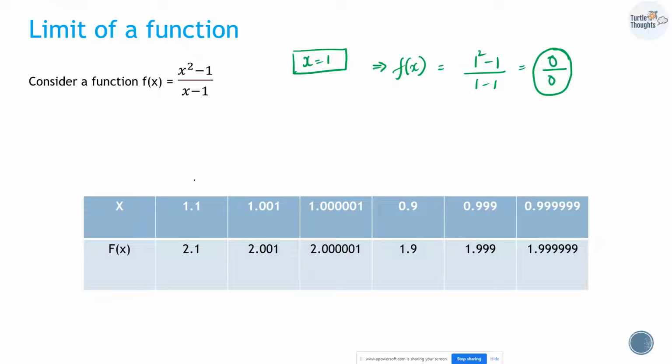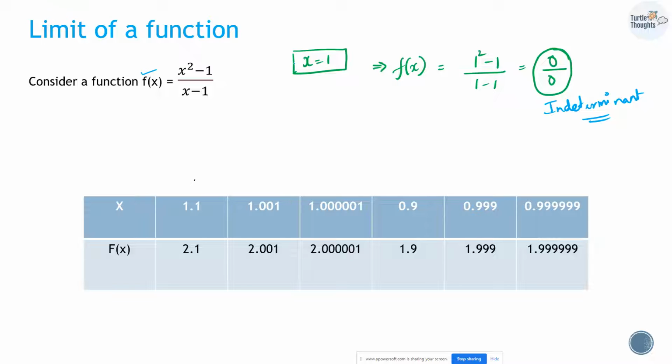This is known as indeterminate, meaning we cannot find the value of 0 over 0. So I cannot find the value of f of x exactly when x is equal to 1.